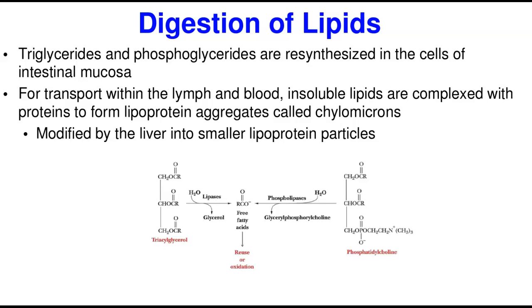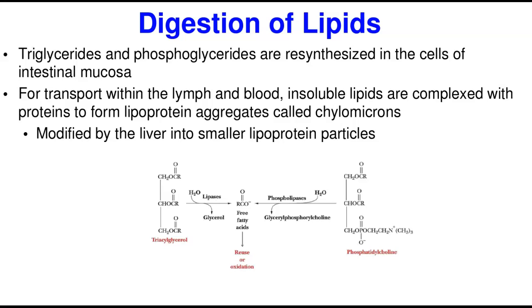Now, so triglyceride and phosphoacylglyceride, when they're broken down in the digestive system, they enter the intestinal mucosal cells, where when they're absorbed, they are re-synthesized. So the triglyceride and phosphoacylglyceride are synthesized in the intestinal mucosal cells. So they get back to the triglyceride when they're combined again with the glycerol.